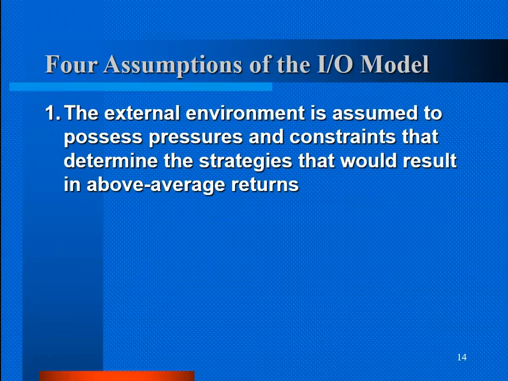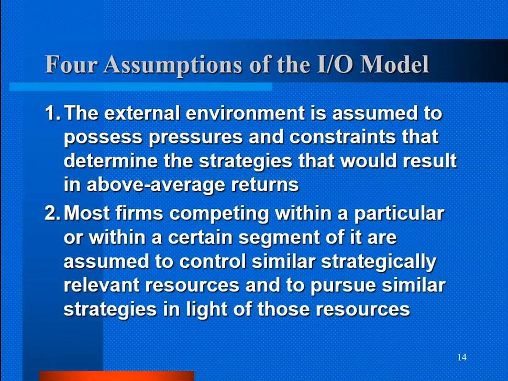So the industrial organization model is based on 4 assumptions. First, we're assuming that the external environment possesses pressures and constraints that determine the strategies that will result in above average returns. We're also assuming that most firms competing within a certain segment are assumed to control similar strategically relevant resources and to pursue similar strategies in light of these resources.